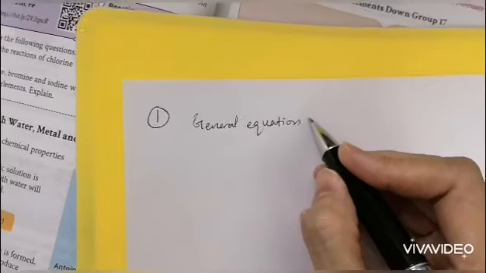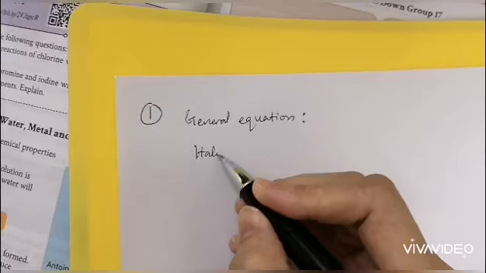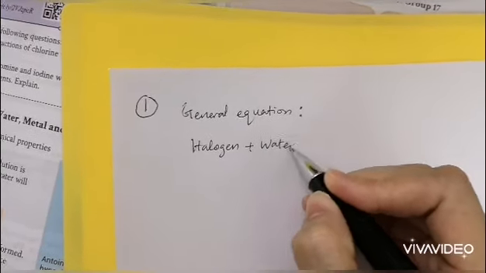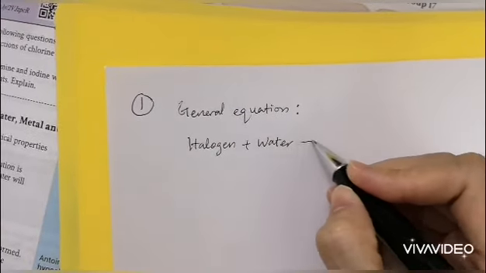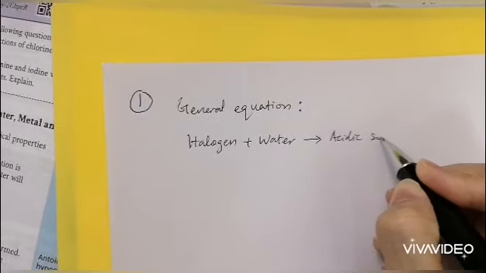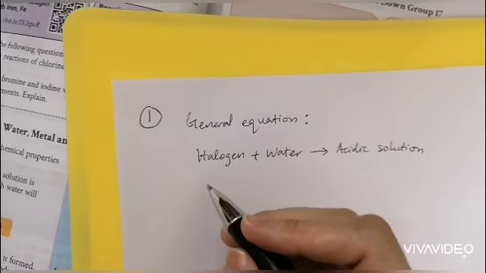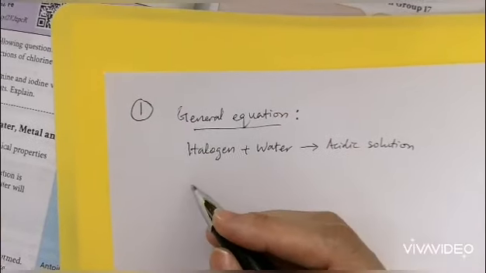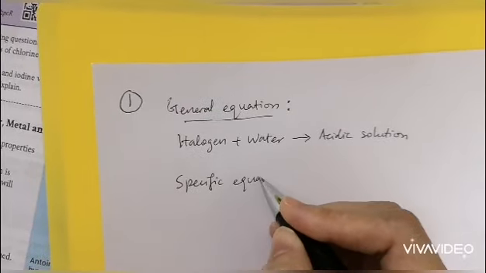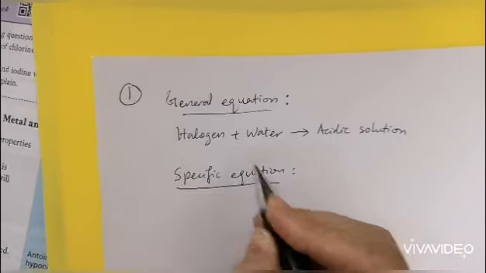General equation: halogen plus water will produce an acidic solution. Now write the specific equation based on this general equation.